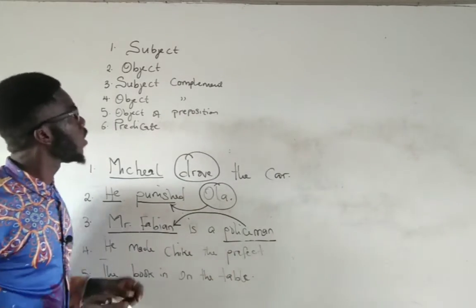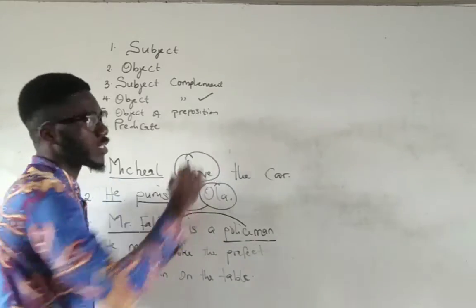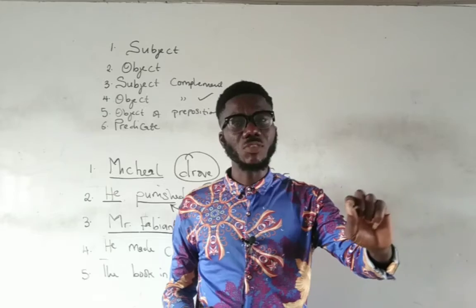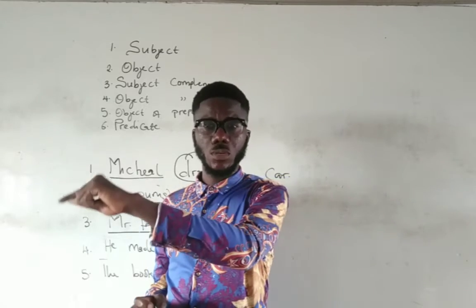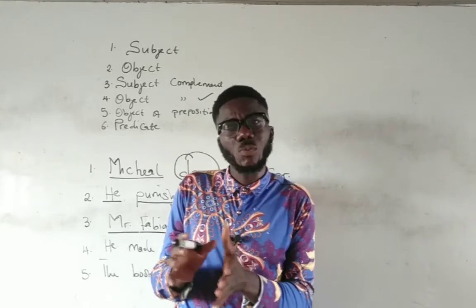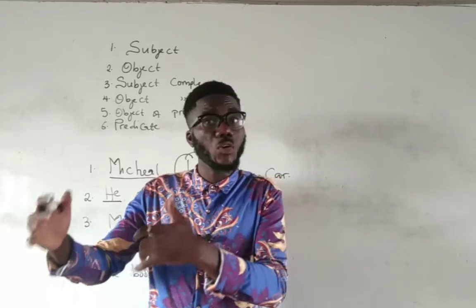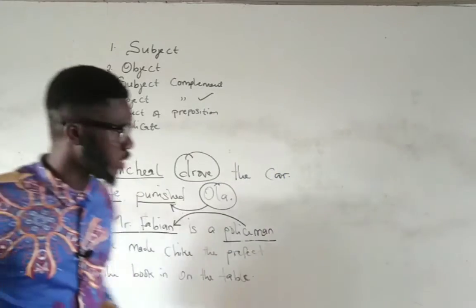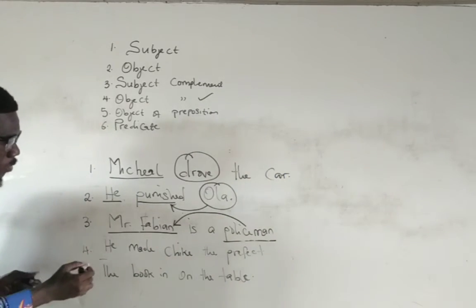All right. We have the fourth one, the object complement. Here, you are talking about a part of the sentence giving you information about the object. There is a part of the sentence that gives you some kind of information that still tells you about the object. So in a situation like this, there has to be an object. Take a look at this sentence number 4.